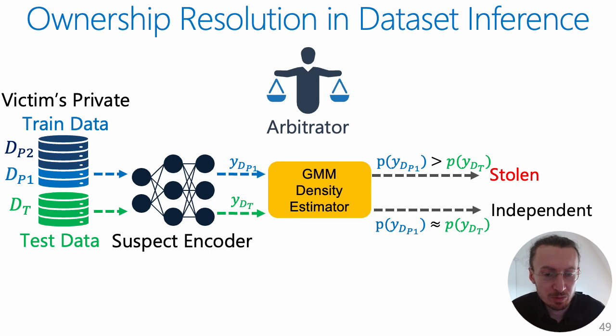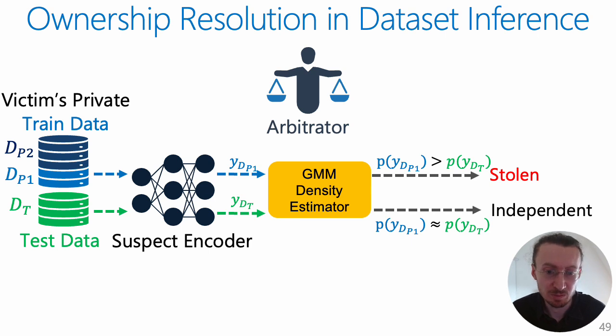In our work, we use an arbitrator. This is a third trusted party, for example, it can be a court. The advantage of using the arbitrator instead of querying the potentially stolen encoder is that the victim does not reveal the train set to the adversary.